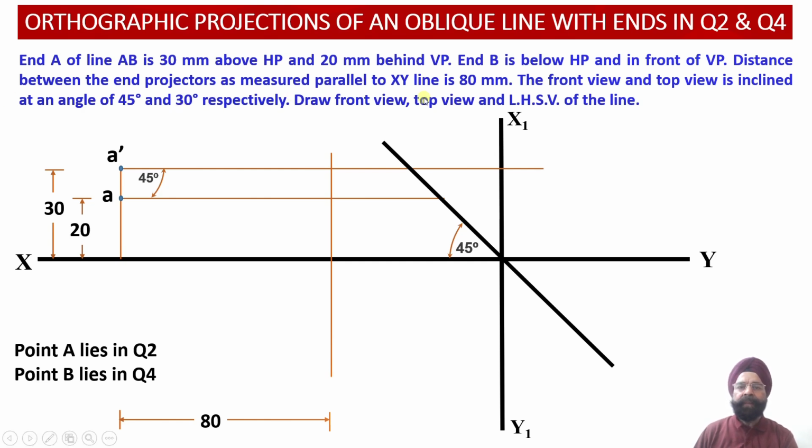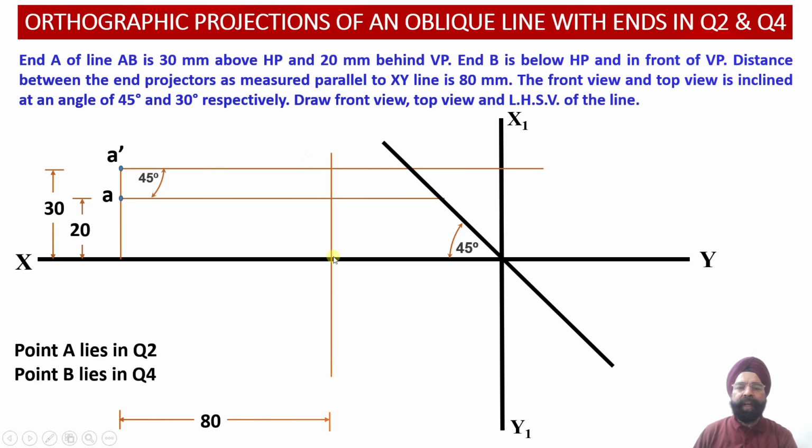Usually, if this point B was not lying in the fourth quadrant, we would have drawn these angles in the positive direction, that is in the upward direction from A dash and from point A. But in this case, the end B lies below the horizontal plane and in front of the vertical plane. So it means that we are going to get the point B lying in the fourth quadrant.